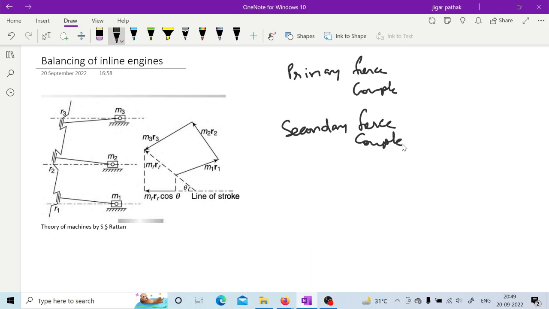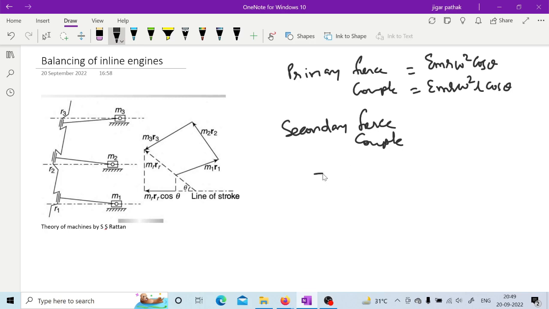You need to balance all these in order to have complete balancing. So here the force, as we have seen, is sigma M R omega square cos theta, and the couple will be sigma M R omega square L cos theta.